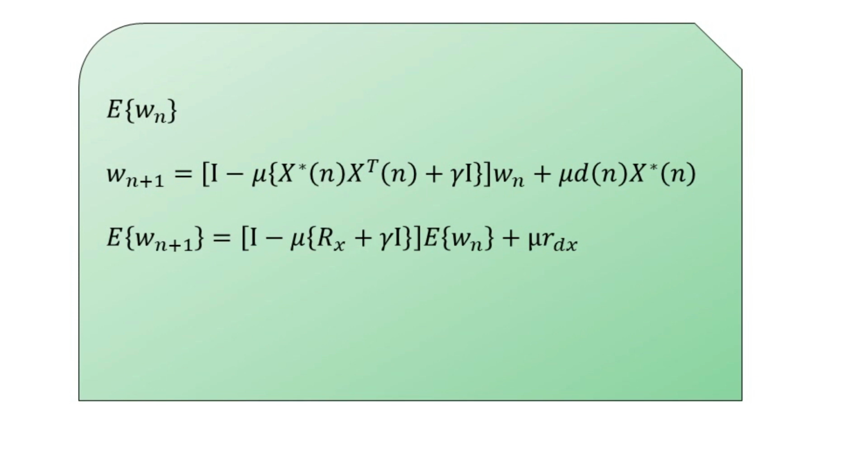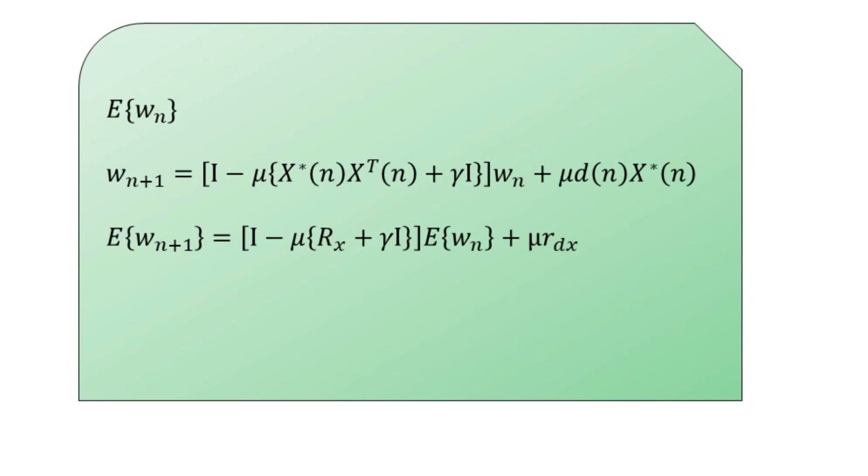We know that the eigenvalues of Rx plus gamma times I are lambda_k plus gamma, and since the eigenvalues lambda_k are always greater than or equal to 0, none of the modes of the leaky LMS algorithm will be undamped.